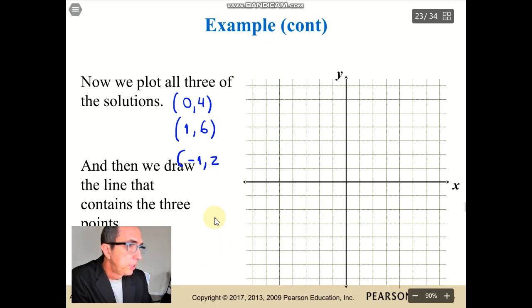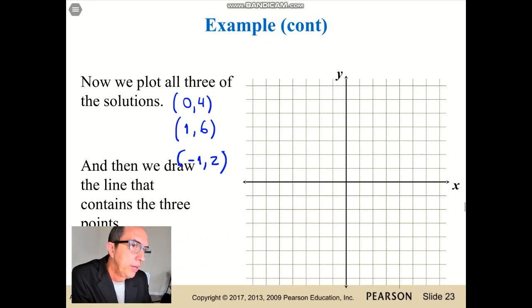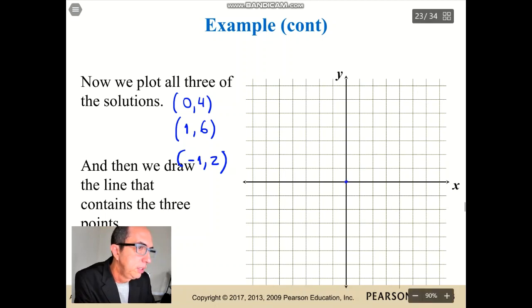Let's plot the first one. 0 and 4. So start here from the origin, and we don't need to move either to the right or to the left, because it's 0, right? And go up 1, 2, 3, 4. Next order pair, 1 and 6. So x equals 1. 1 is here.